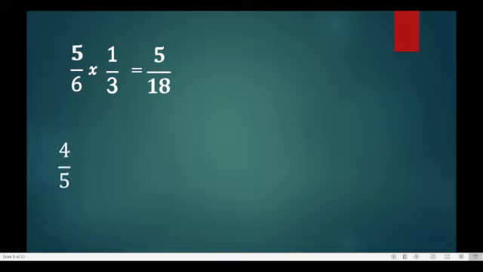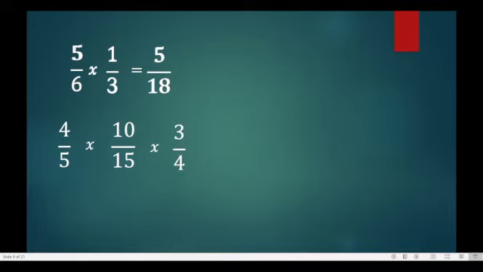Okay, another number, 4/5 times 10 over 15 times 3 over 4 equals. If you will notice, 4 and 4 can be cancelled. 10 and 5, and 3 and 15, they are cancelable.